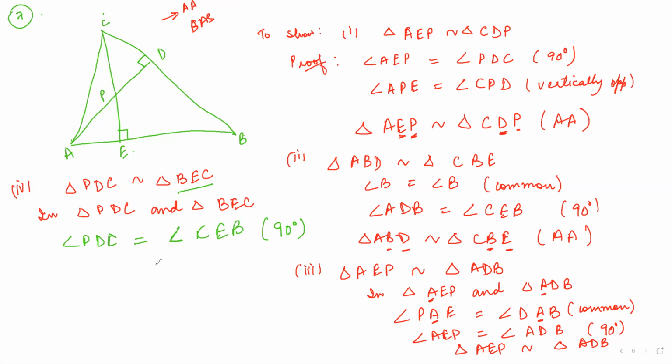Angle C equal to angle C, common. So if you call it X, angle X is equal to angle X, common. Why are we taking angle X?